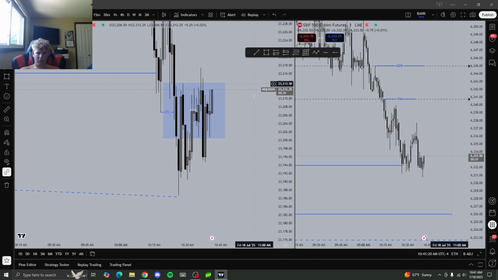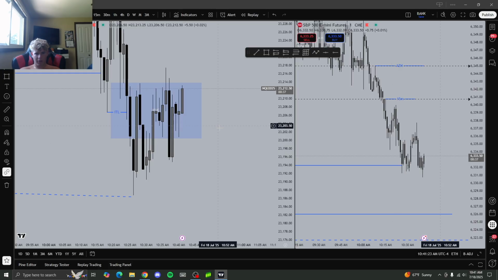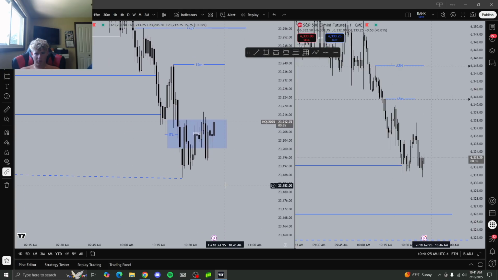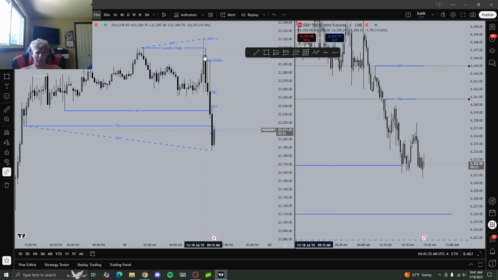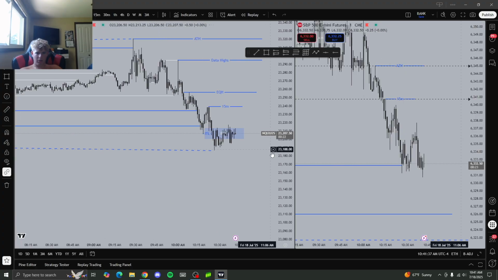Because if we look at this, bro, it's just trend line liquidity. This needs to be taken out first, and then we can go higher for my liking. At this point, I'm not even targeting data highs.